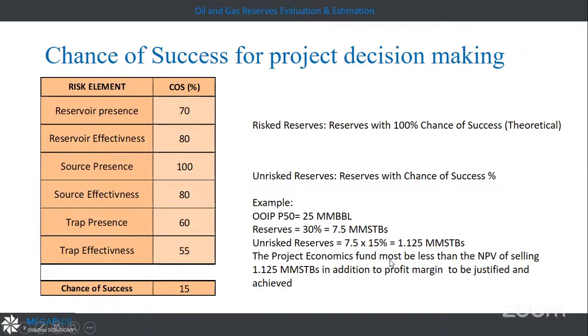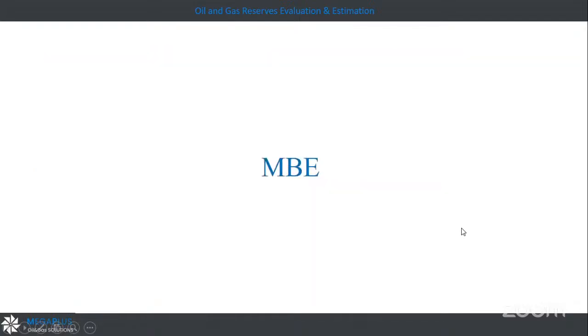We call it the unrisked reserves. The risked reserve is 7.5, but the unrisked reserve, according to which I can make a final investment decision, will be 1.125 million. Just an example. This is how the volumetric calculation happens and how we can use the analogy with uncertainties in that method.